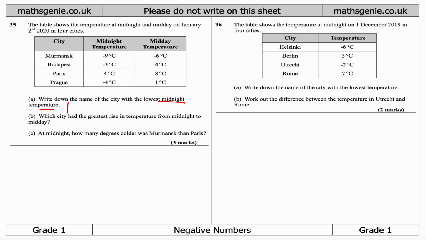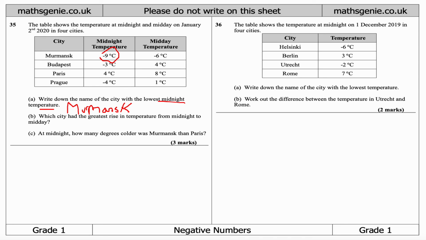I don't know how to pronounce that, but I think it's Murmansk, because that's -9, which is the smallest.